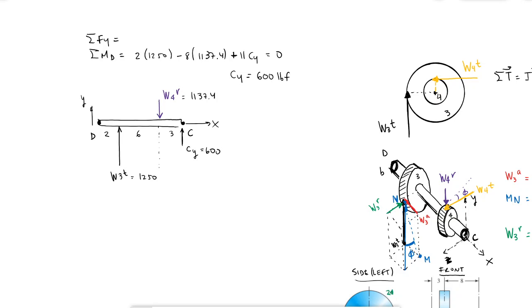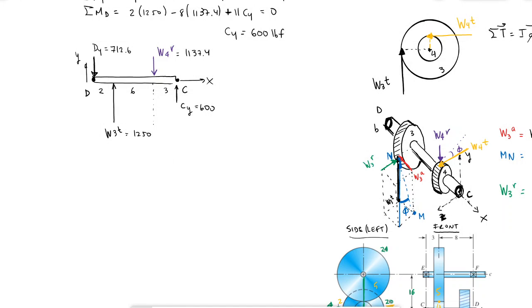For now I'm not gonna draw it, but I'm just gonna say Dy, reaction at D, plus W3T positive minus W4R negative plus Cy has to be equal to 0. Okay, so I have all these 3 values except Dy. Dy turns out to be minus 712.6 pounds. Okay, that means that there's a force coming down called Dy of 712.6. Right, and that is all I need to do a shear diagram.